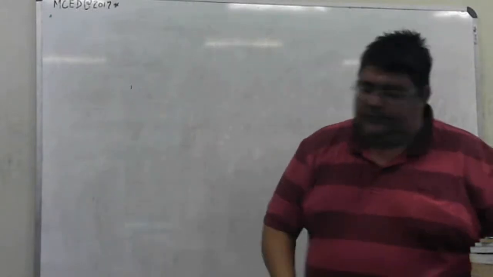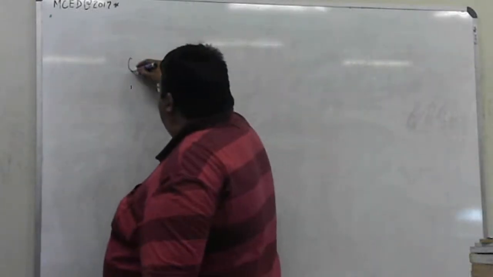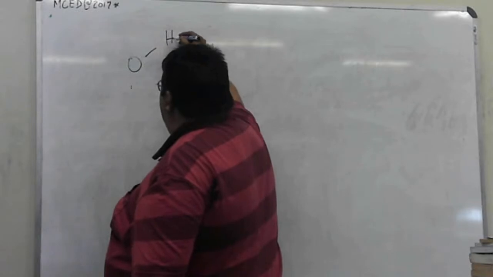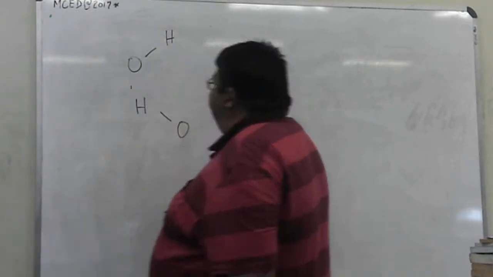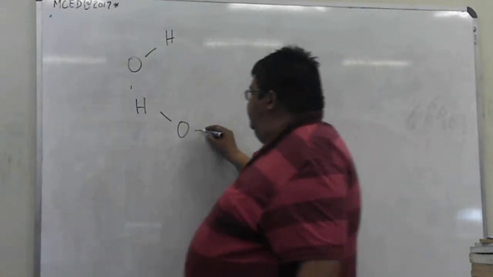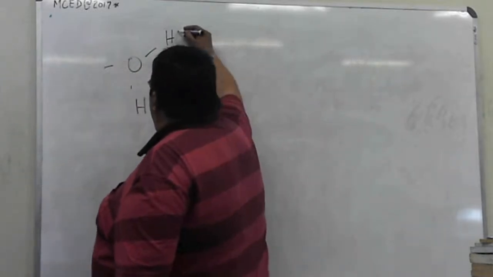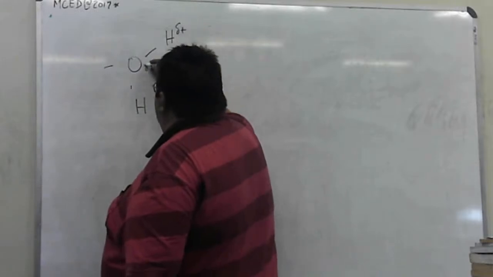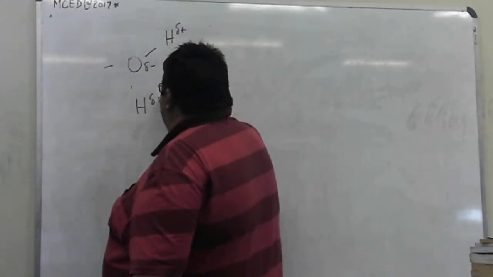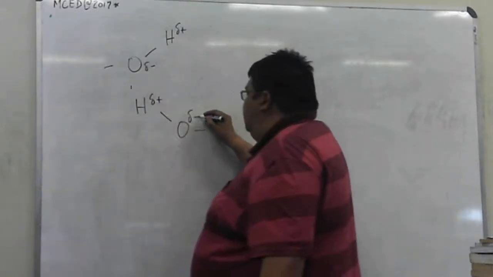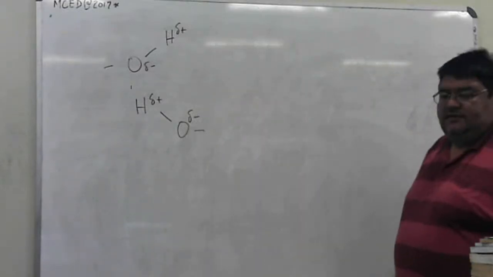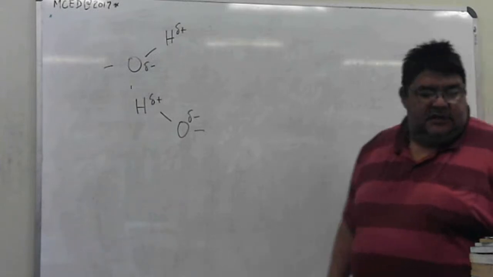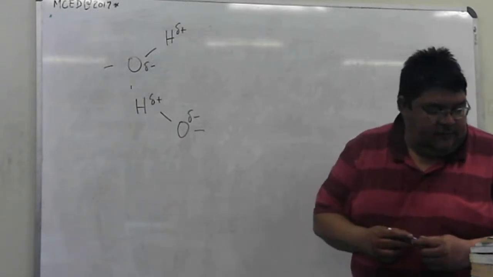So, let's look at two OH molecules. There's one, and here's another one. So that is delta positive, that is delta negative, that is delta positive, that is delta negative. And we know that positives and negatives attract each other.